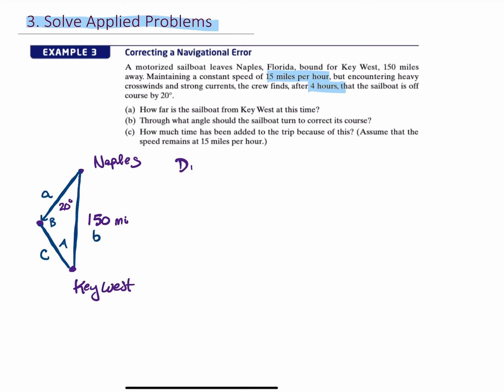Because distance, we can describe that as the rate traveled times the amount of time that passes. So we'll call that distance A. So I'll say A should equal 15 miles per hour times 4 hours. That's a total of 60 miles.